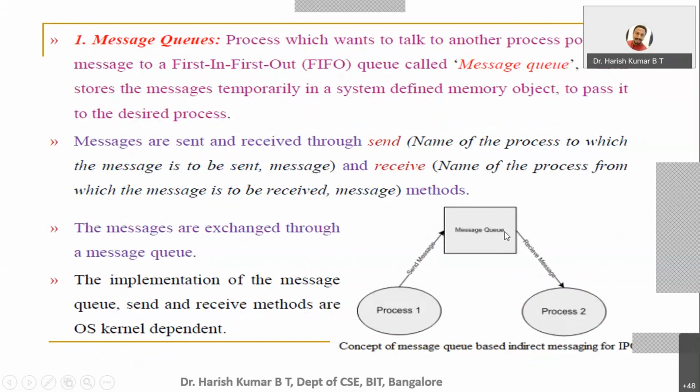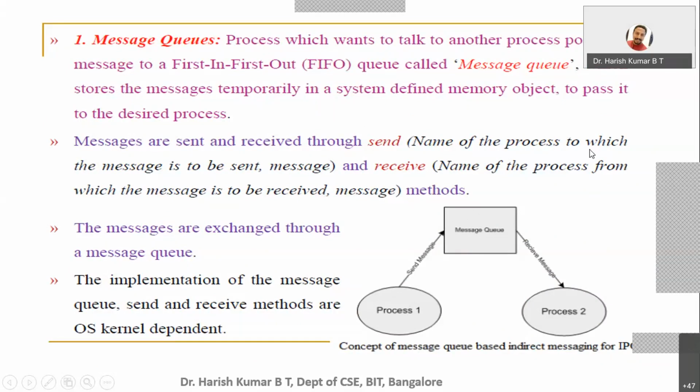Now, sending data to this message queue cannot be done through the write system call or the write primitive. It can be done by using the send primitive. You can just observe here, send. So this process prepares the message and just sends the message to the queue by using the send primitive. This takes two parameters. Now, what is the first parameter?